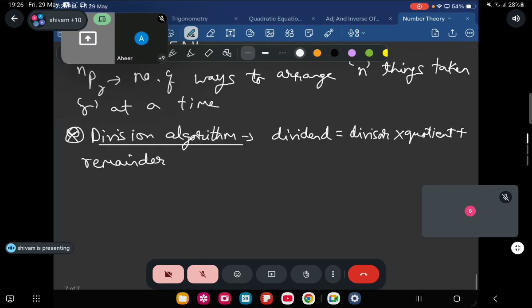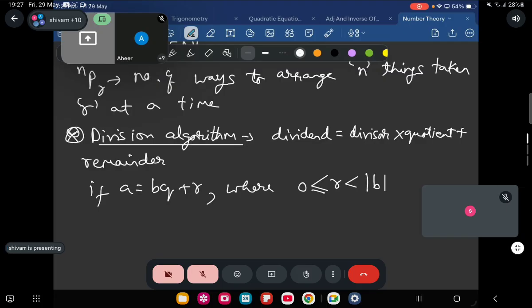That is, if A equals BQ plus R, where R should lie between 0 and mod of B. Okay, everyone, I have defined it for negative integers as well. R should always lie between 0 and mod B.